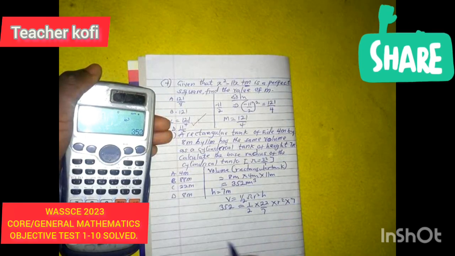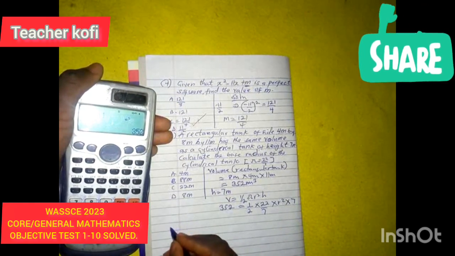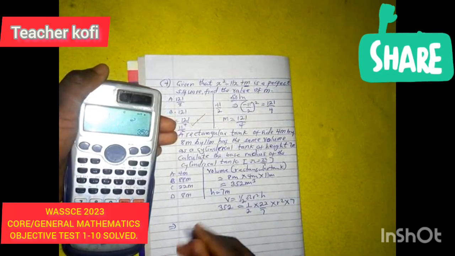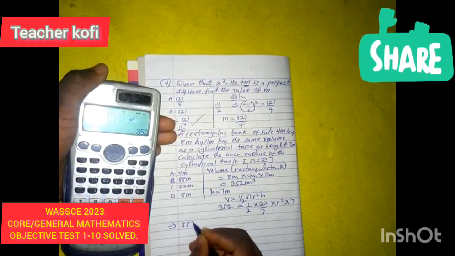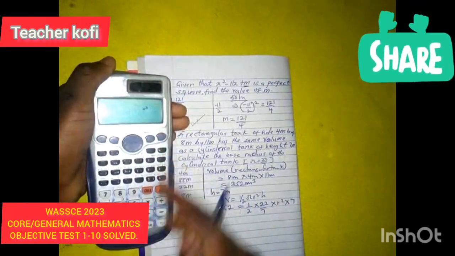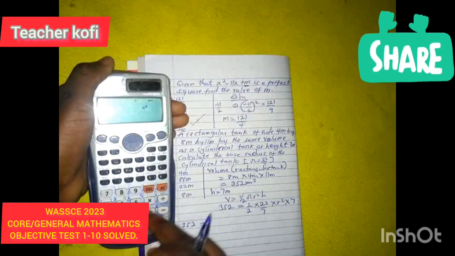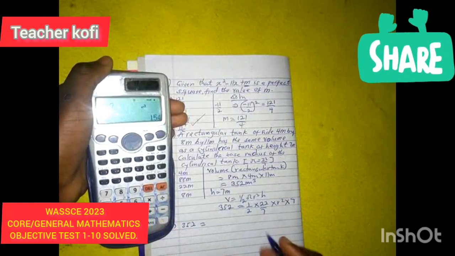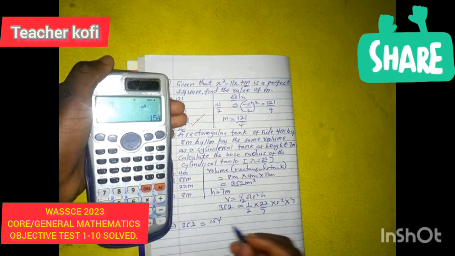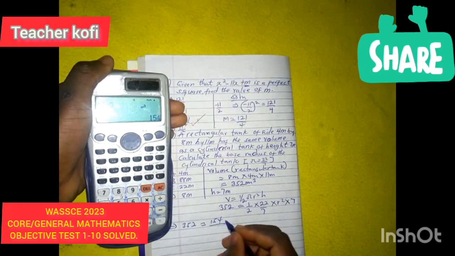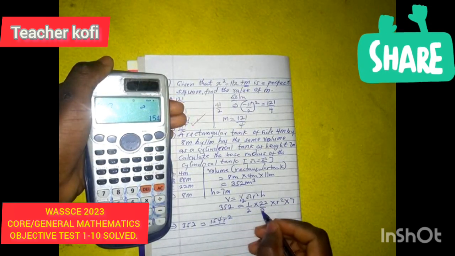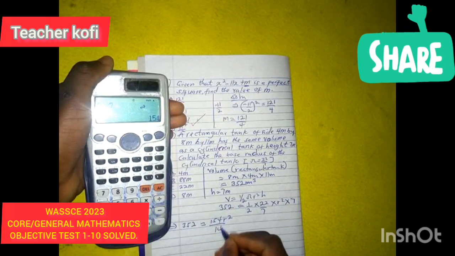So now it's 352 equal to 22 times 7, which is 154, r squared over 14.